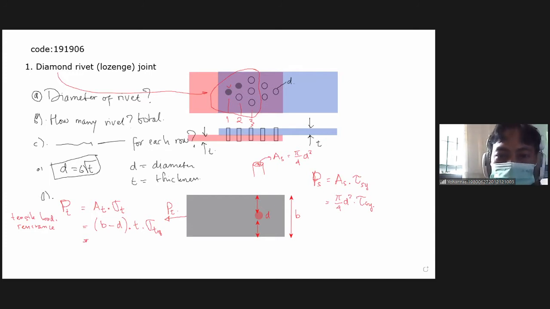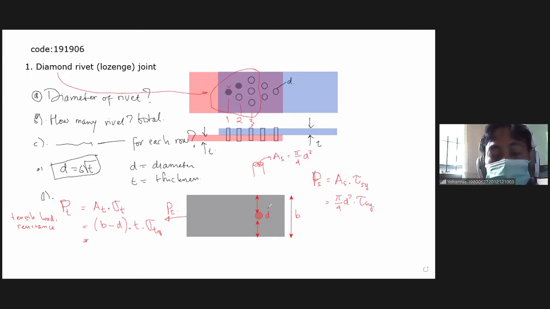So far we have discussed two kinds of failure. First, the tearing failure on the plate, which cracks the plate because of the tensile load. The second failure mode is on the rivet, where the rivet can be cut by the shearing load.